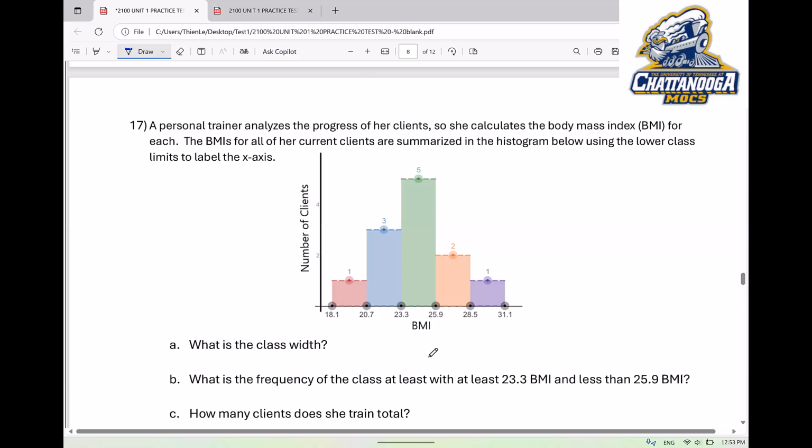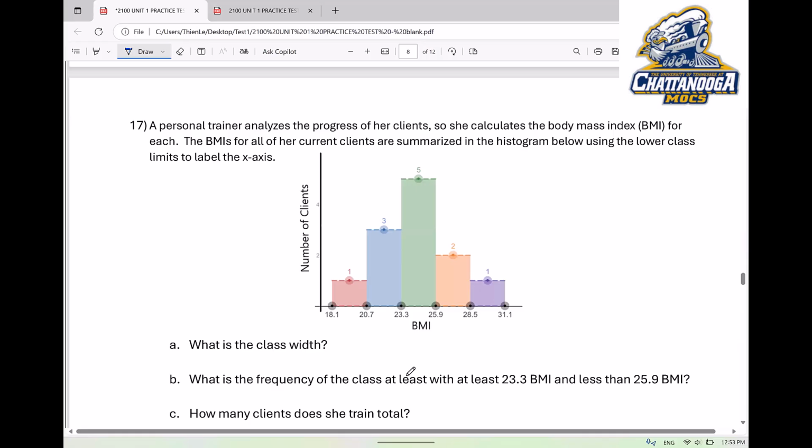What is the frequency of the class at least 23.3 BMI and less than 25.9? So I think there's some redundancy here.